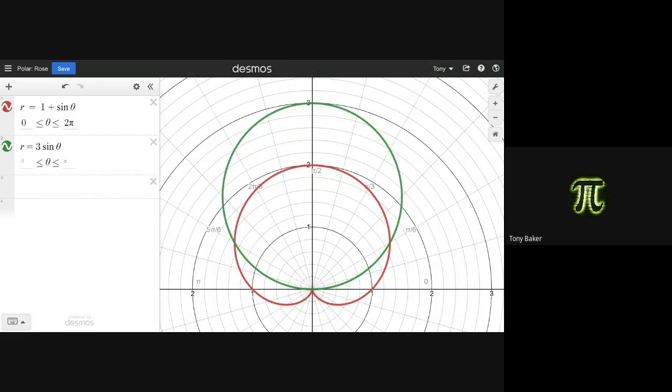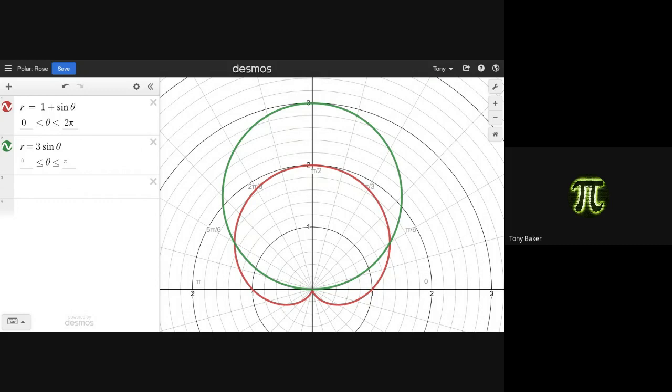I could have done it from pi over 6 to pi over 2, which is right in the middle. What's sine of pi over 2? Well, actually, sine of pi over 2 is 1, but the cosine is 0. So it's going to cancel out a bunch of stuff and make my calculations a lot easier.